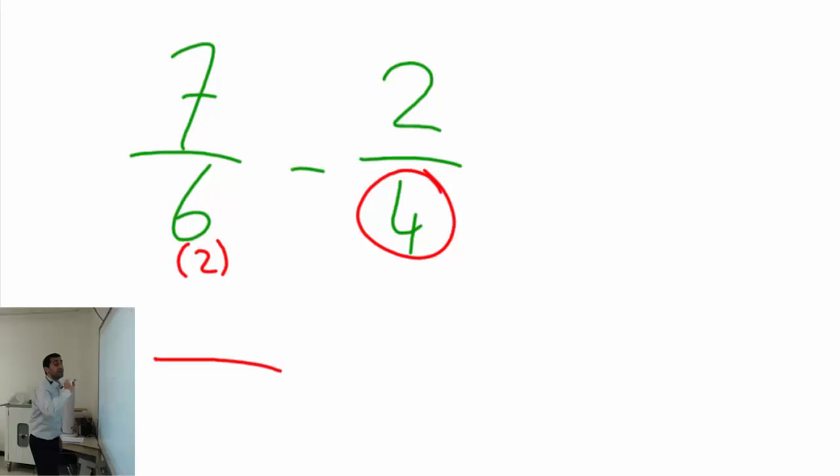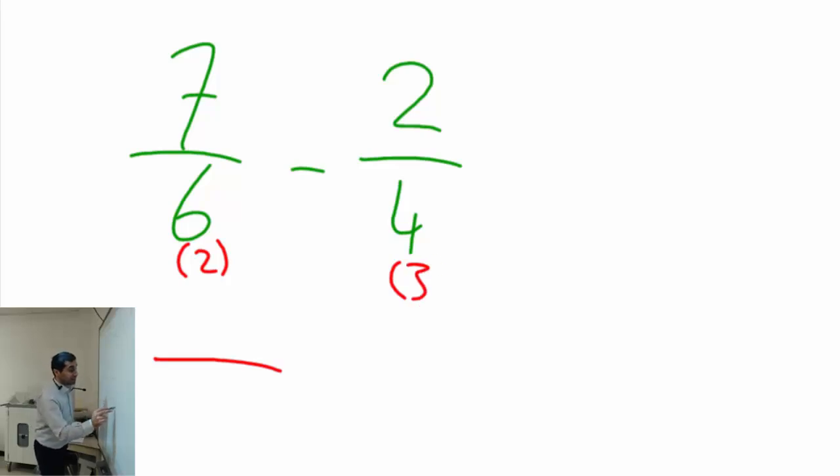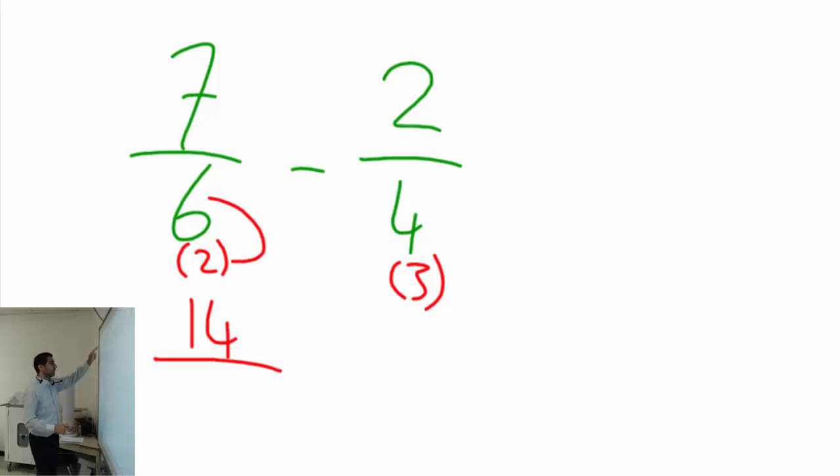So let's write down here 2. Not the 4. Remember? We used to do that. And over here, we can multiply that by 3. Not the 6 that we used to do before. So let's go ahead. 2 times 7. That will give you 14. 2 times 6. That will give you 12.